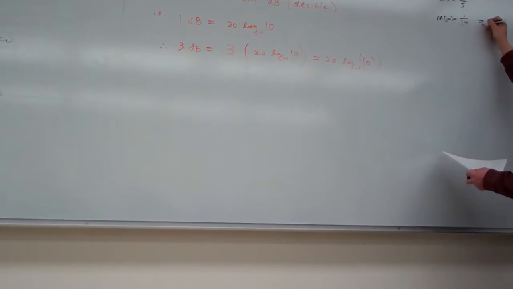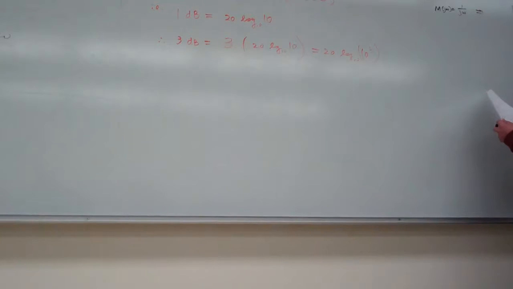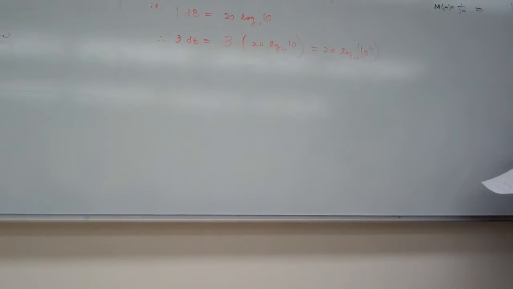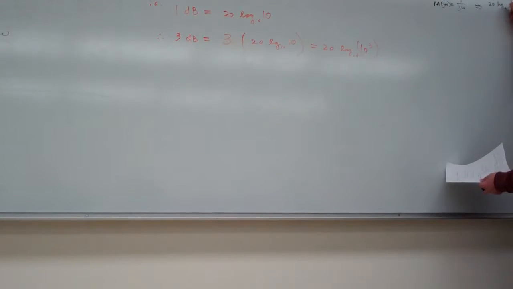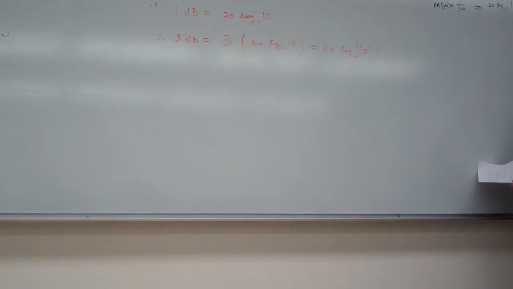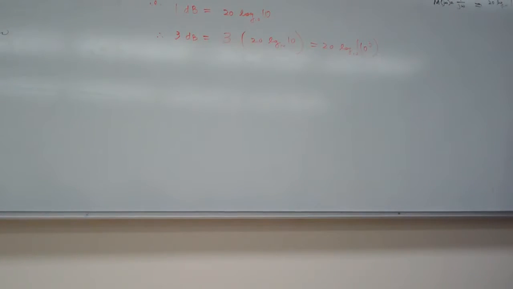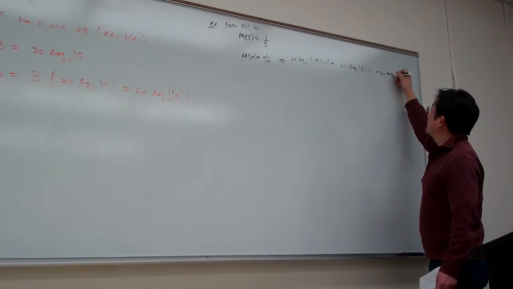Then from here we can calculate the magnitude. The magnitude of j omega will be equal to 1 over omega. And then here we directly put into dB, so 20 log 10 of 1 over omega. So here we can do further. In the log scale, that's a 1 over, so that is minus 20 log omega.